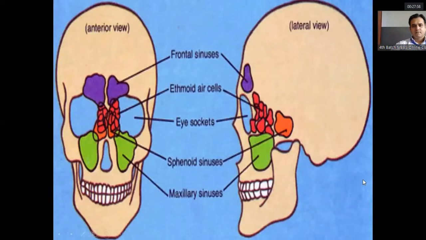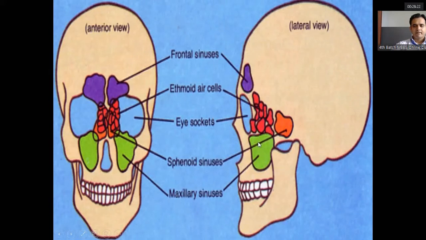So look here, these are the maxillary sinuses in the lateral section. You cannot see the sphenoid sinus here, but you can see it here. And here we have the ethmoidal air cells and the frontal air cells. This is the anterior view and this is the lateral view, and this is the eye socket, the orbit.